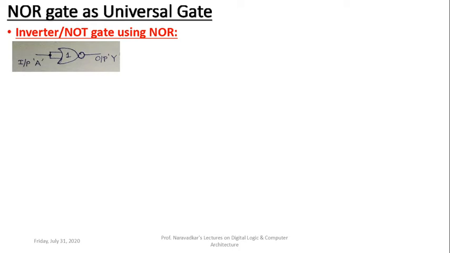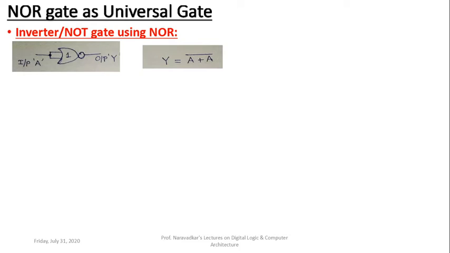So let us see, with this particular inverter design, as input A is connected to the shorted inputs of that gate number 1, it reaches both the inputs here, so that output Y is nothing but A plus A, this is OR operation, and the whole complement is the NOR operation.